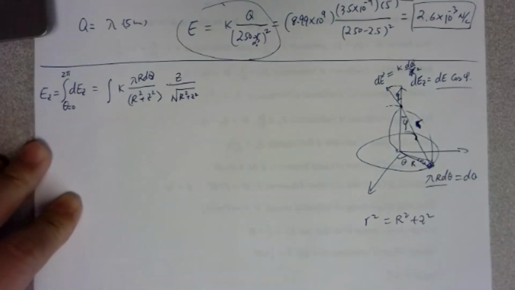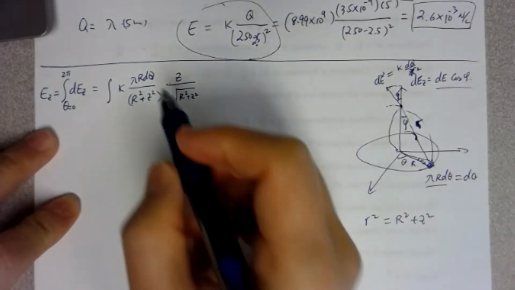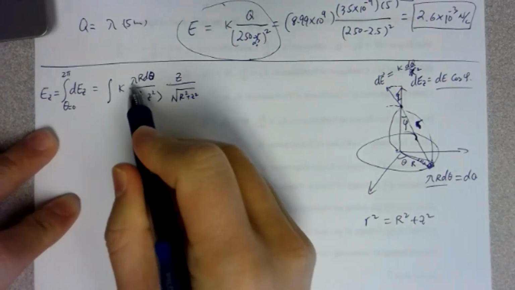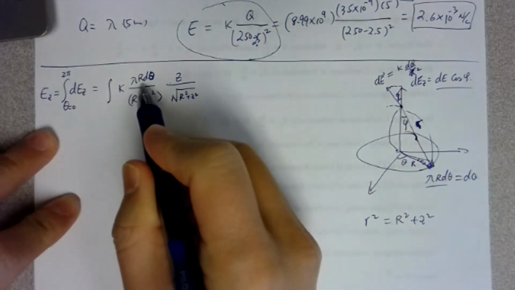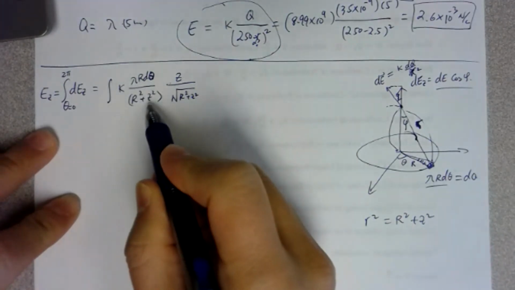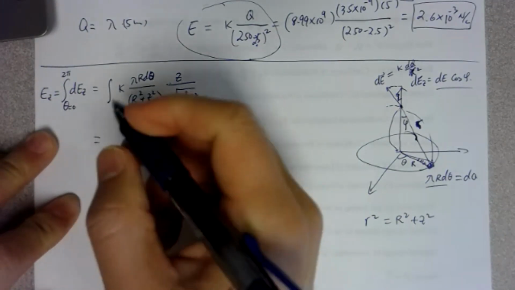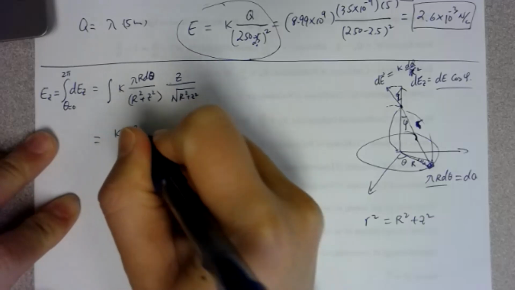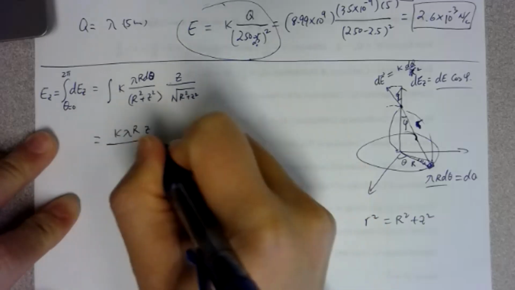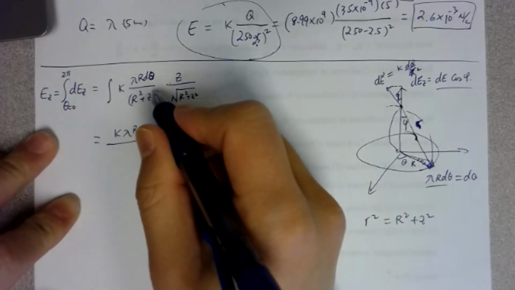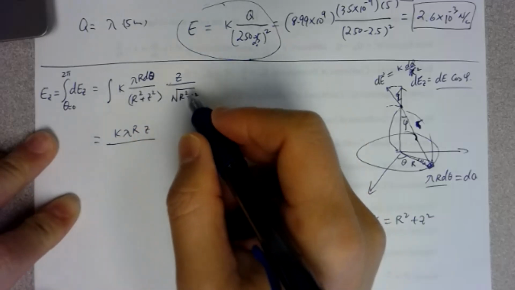All right, so you are integrating d theta. Theta is your variable. This is a constant, not dependent on theta. And z is also not dependent on theta. So everything is constant. So it'll be just k lambda r times z over the square root of this whole thing to the square, and then this is a square root, right?